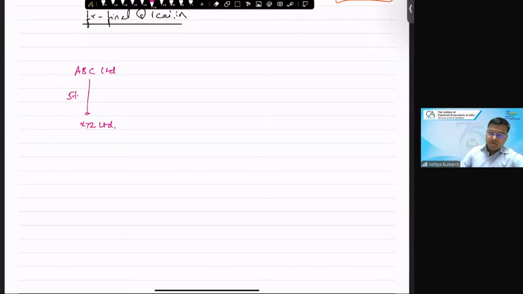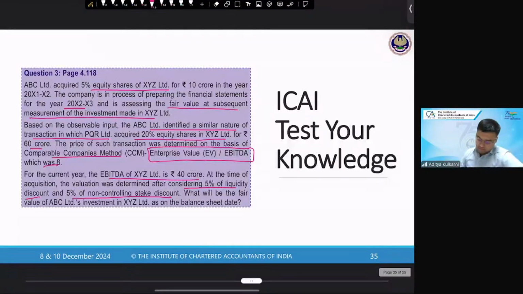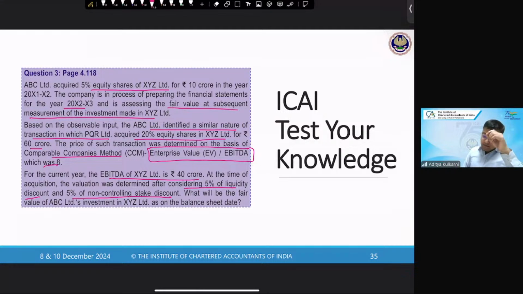Now, based on observable inputs, ABC Limited identified a similar transaction in which PQR acquired 20% equity shares.